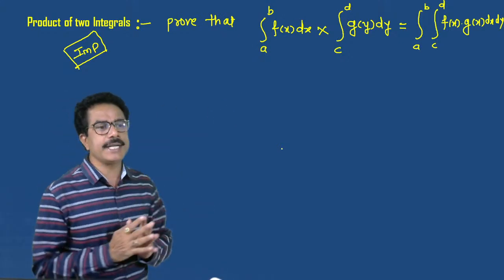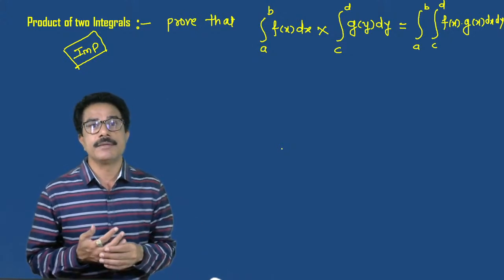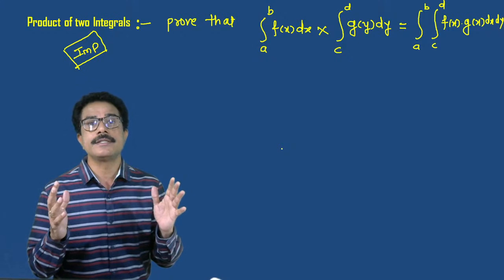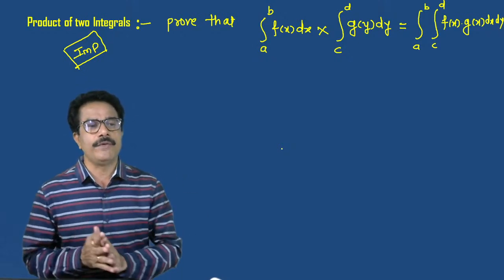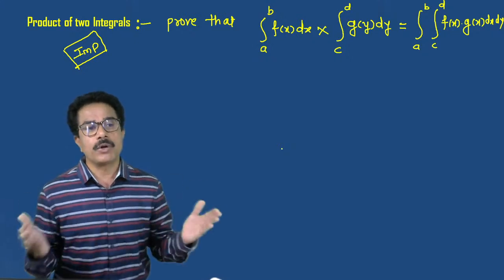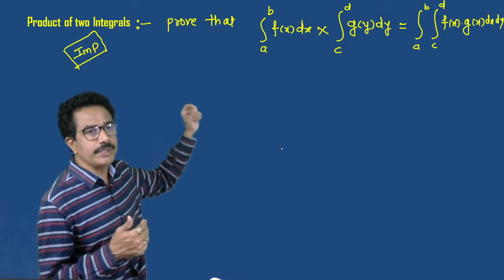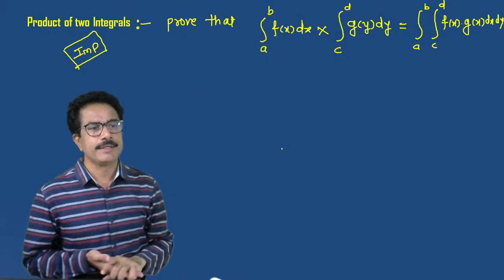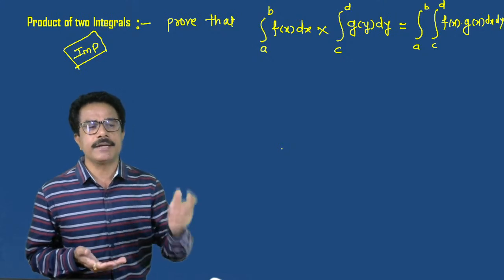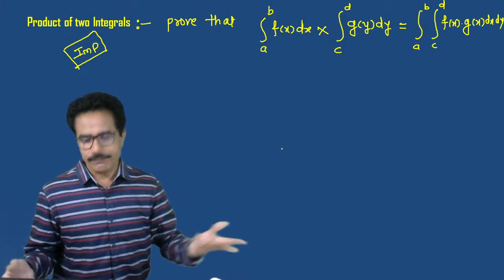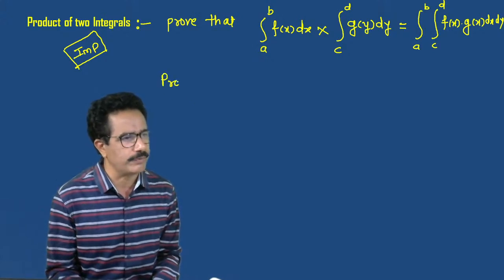The second integration is the integral of g with its own variable. Both have separate, different limits. Then we have to find the product of the two integrals, which is the double integral over a to b and c to d of f of x dx, g dy. Okay, now we shall move towards the proof.